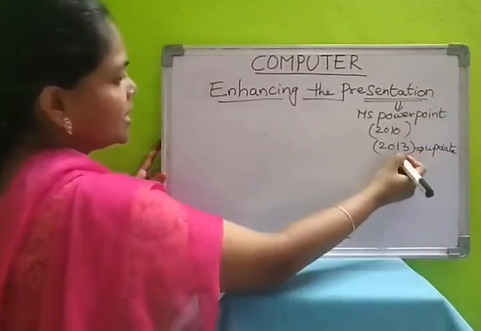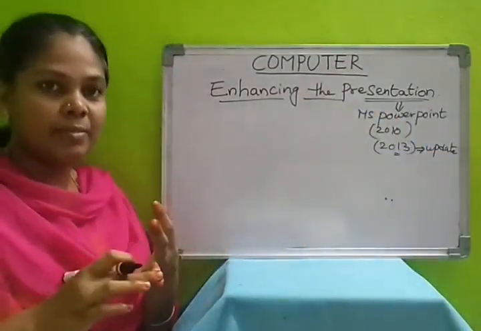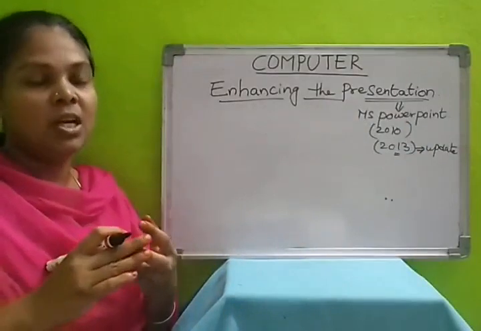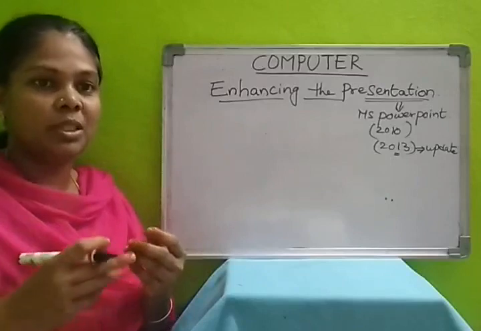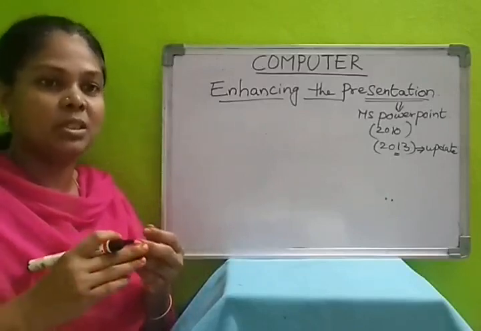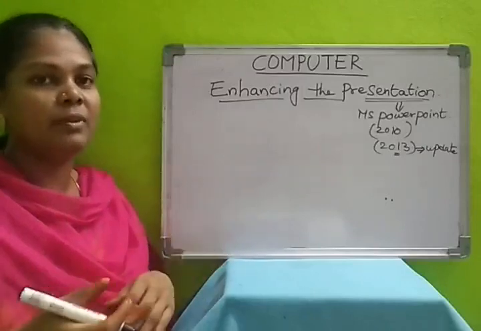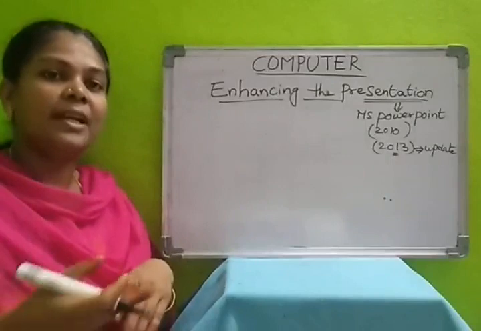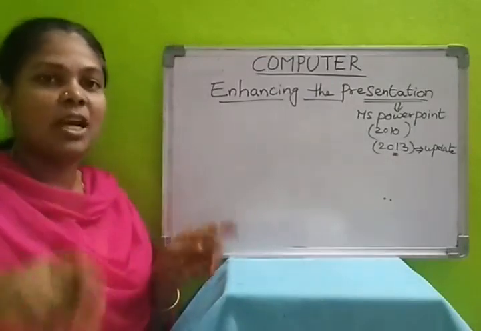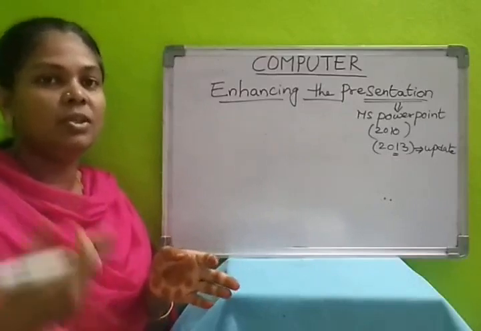In that version I have shown all the components and how to add pictures, how to collect pictures. To collect pictures, we can go to the internet and download them, or copy and save those pictures in one folder. Or if you have any photograph, you can copy it from the camera into your system. If you want to write anything in the slides, you add a text box and write whatever information you want to convey.